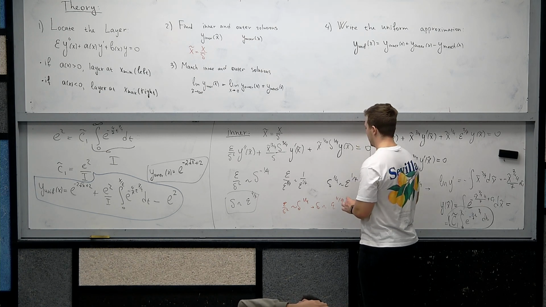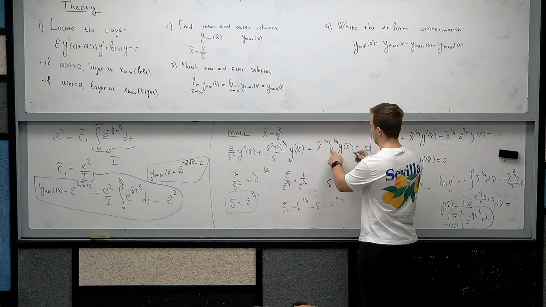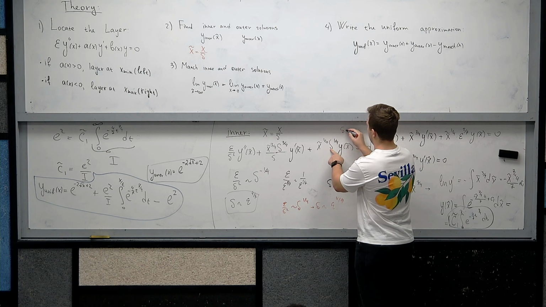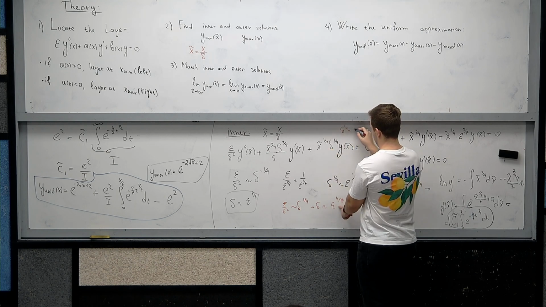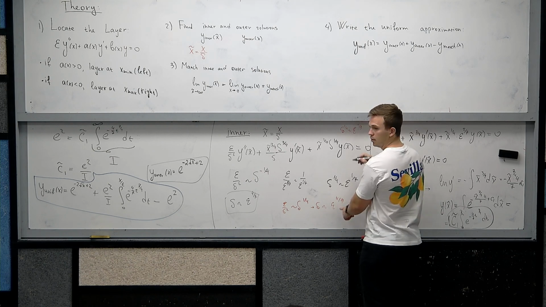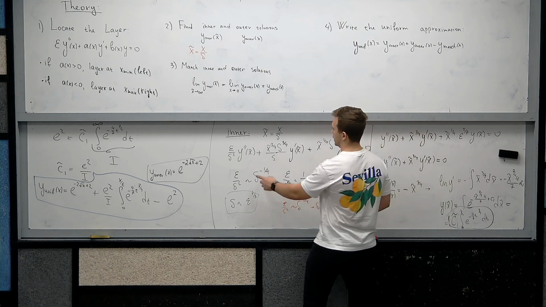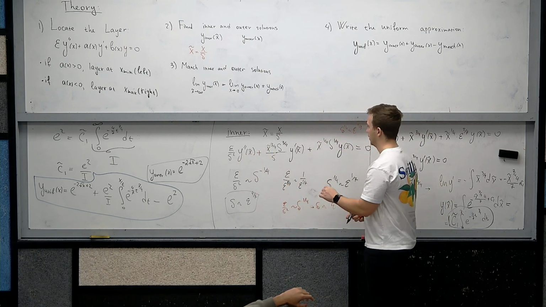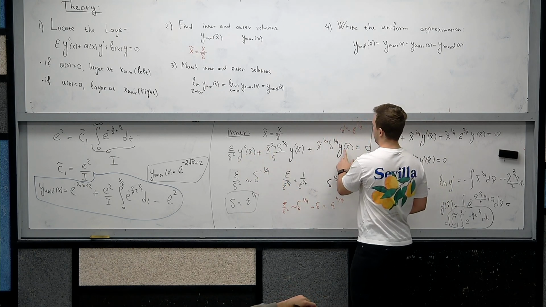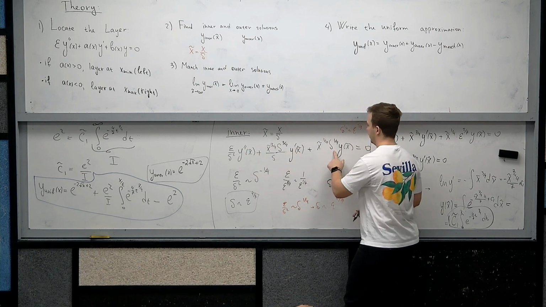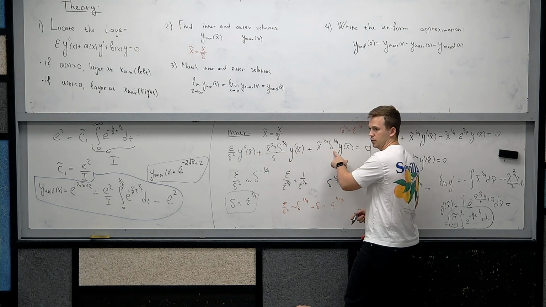This coefficient will be like epsilon to the 1 over 9, and this coefficient will be the same, and this will go to 0 as epsilon approaches 0.